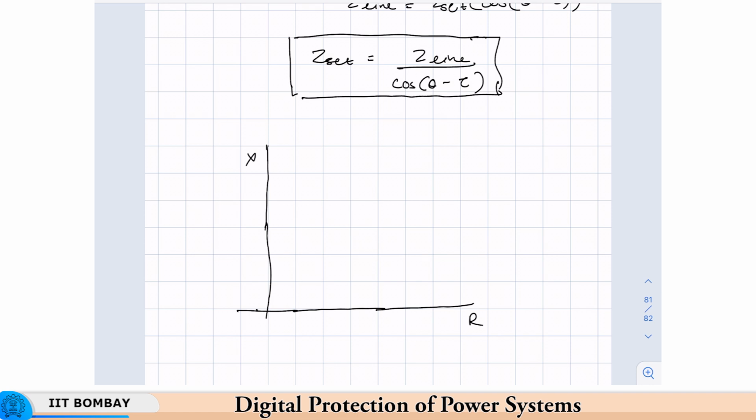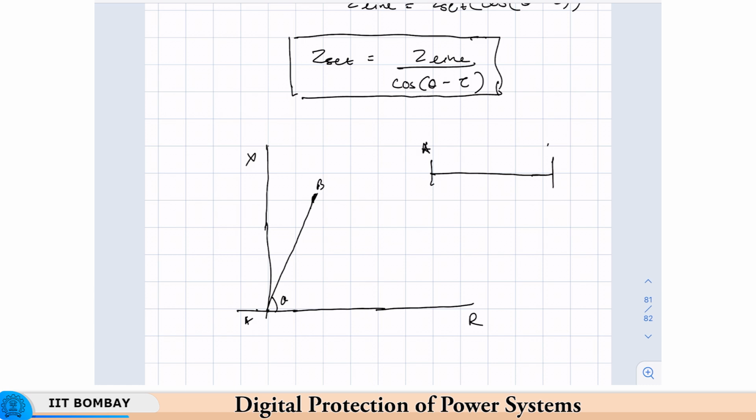Now will I set this, or whatever method I used for setting, to cover the entire line here? If my relay is sitting here, will Z1 or the setting that I use be used to cover the entire length of this line here? The answer to that question is no.